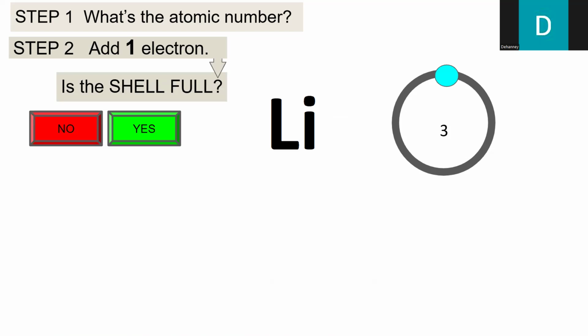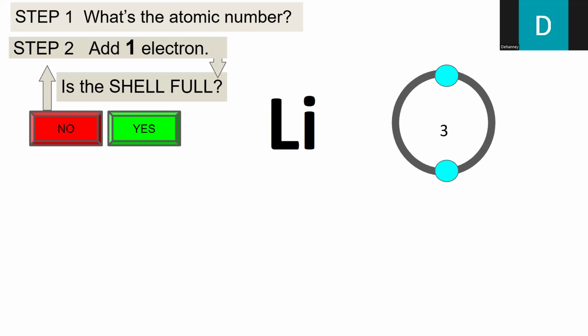Awesome. Is the shell full? No. What do we do? Add 1 electron. Awesome. Is the shell full? Some people will say no, and some people will say yes. Well, if the shell is full, that means we should have 2 electrons on it.